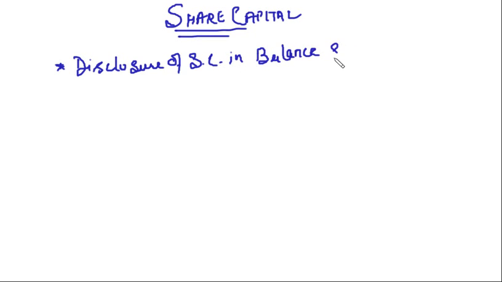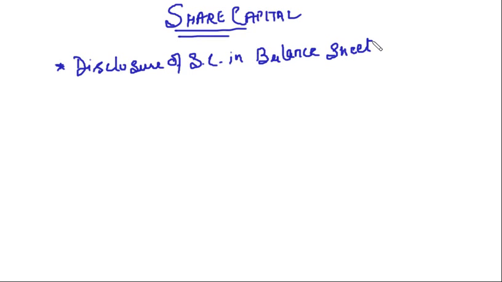This balance sheet we prepare as per Schedule 3 Part 1 of Companies Act 2013. So we discussed how we are going to disclose the share capital in the balance sheet. First we show authorized capital, then issued capital, and then subscribed capital. Then subscribed capital is further divided into subscribed and fully paid up and subscribed and not fully paid up. Clear?